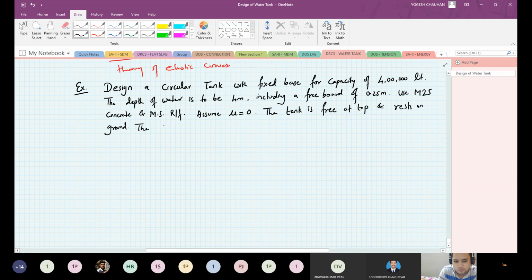The density of water is 9.8 kilonewton per meter cube. Okay, so this thing is given to you.